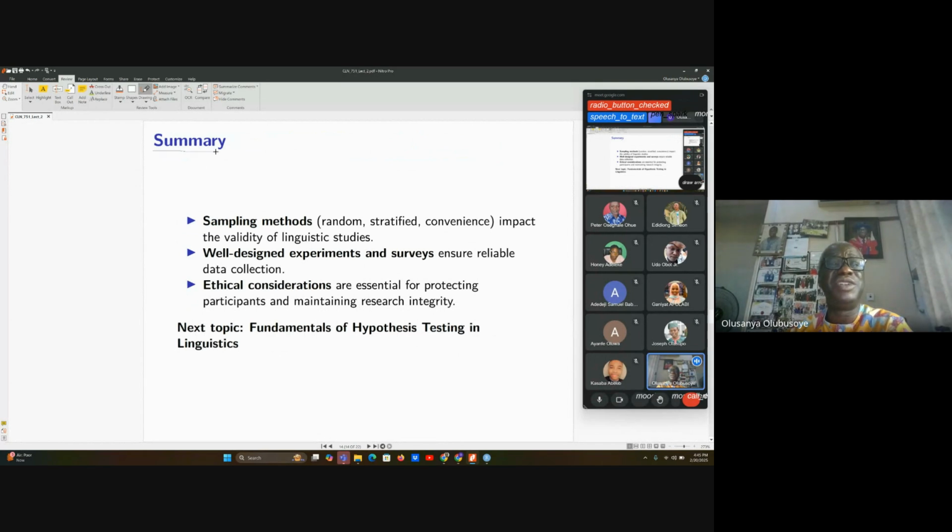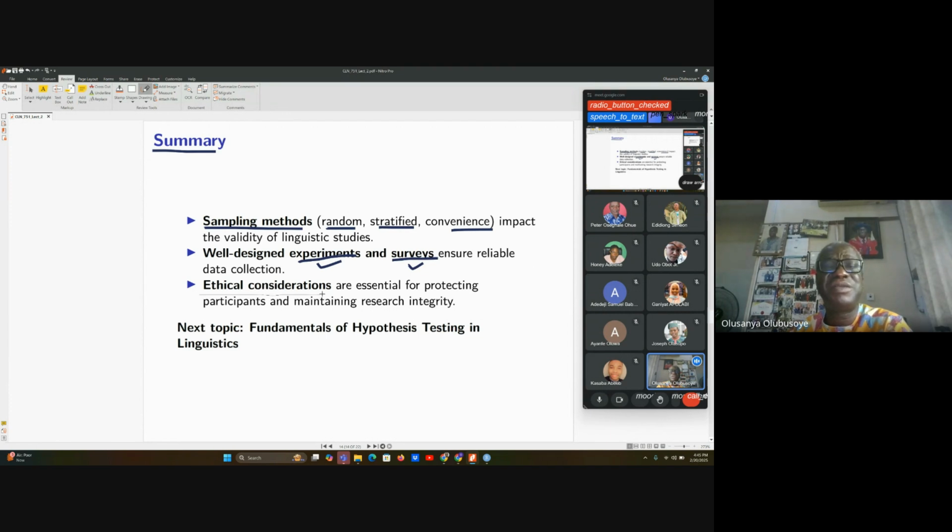So in summary for today's class, we've talked about sampling methods, random, stratified, convenience, and how they impact the validity of linguistic studies. We've talked about experiments and surveys, what we mean by experiment, what we mean by surveys, and the type of data and how we collect data in the two cases.